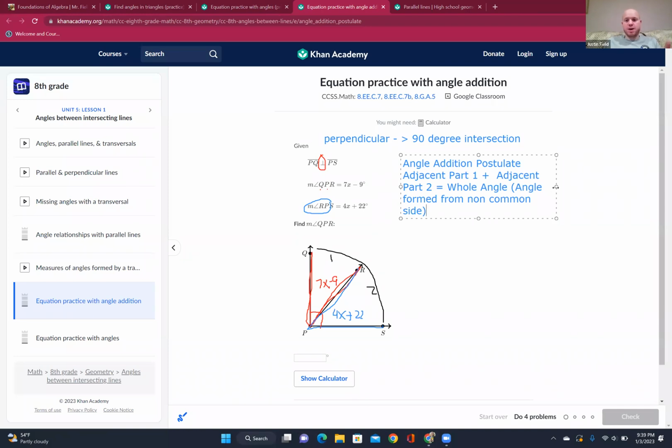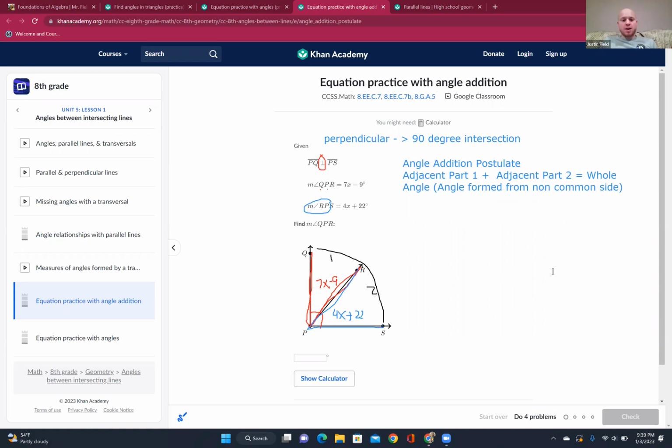All right, so there we go. It's the angle addition postulate. So we have angle 1 and angle 2, and then they have an adjacent side, PR, and then they have their non-common sides, QP and PS, which makes angle QPS, which is a right angle.